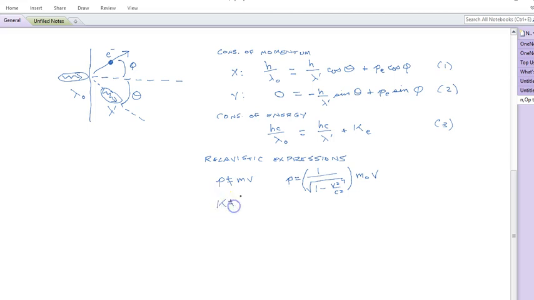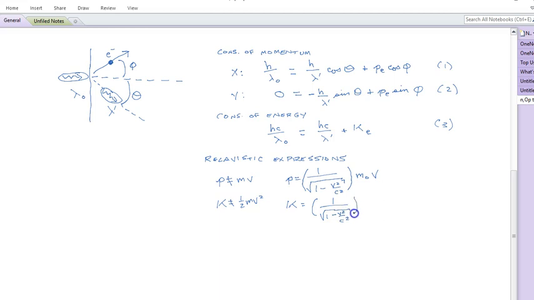You cannot use 1/2 mv squared when v is getting near the speed of light. In fact, what you need to use is the relativistic expression, which is, in parentheses, this gamma factor, 1 over radical 1 minus v squared over c squared.